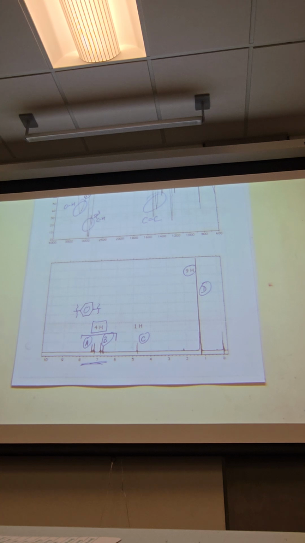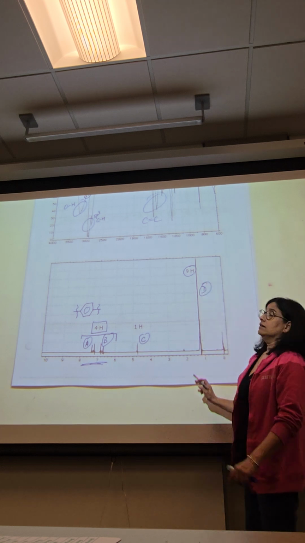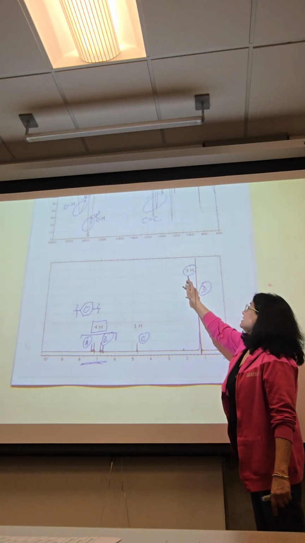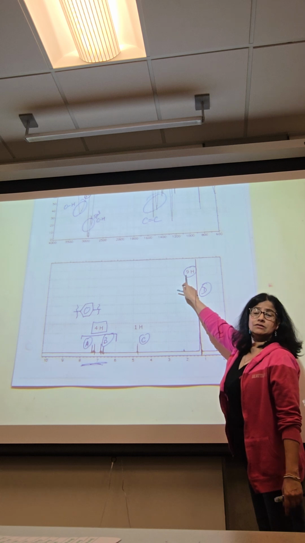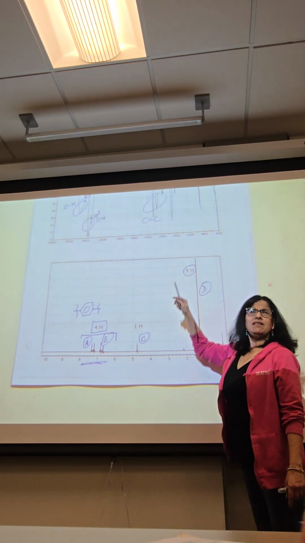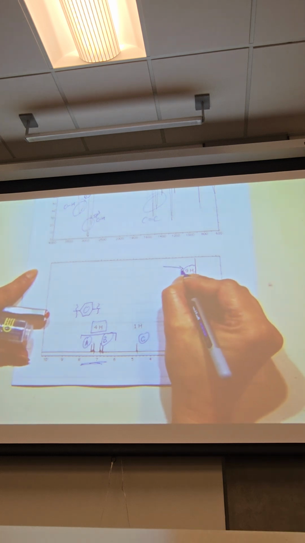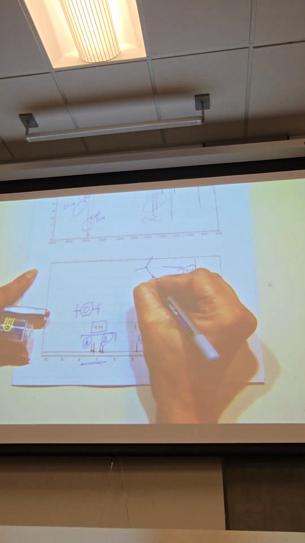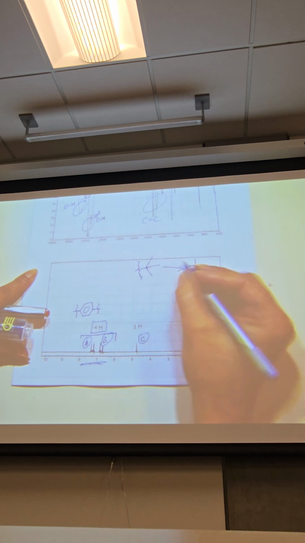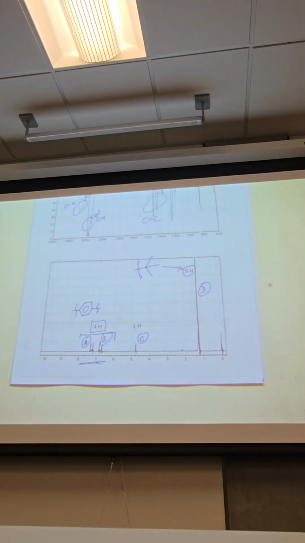Separate CH3s, but they are equivalent to each other because it's the same signal. Yes, there are 3 CH3s, but they are in such a way that they are identical. That's the only way possible for 3 different methyls to be identical to each other.